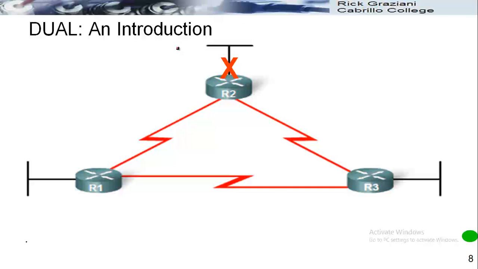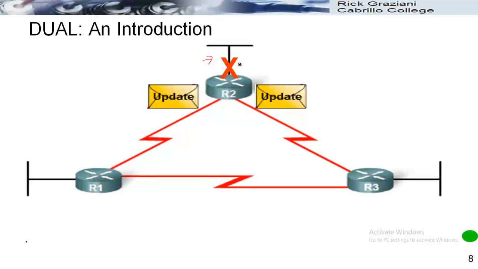So, this is trying to explain: if you lose a network connection, let's say router 2 loses connection to its LAN, it will send an update telling the neighbors, because the work of routing protocols, of course, is to gossip what is going on in the network.